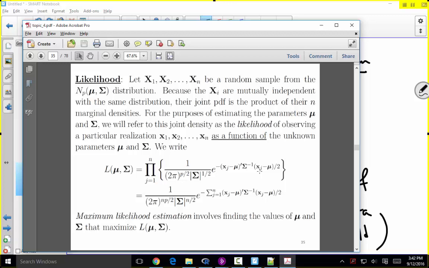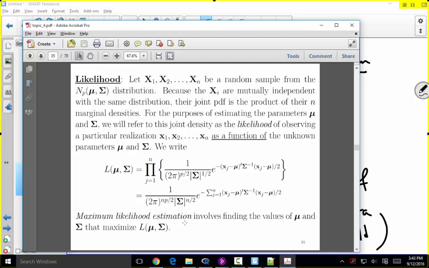Evaluate that for all your data points, product it up. And this is, roughly speaking, a joint probability of seeing what we saw when mu and sigma is true. A general way of going about statistical inference is to set this up and then find mu and sigma that maximize it. That is called maximum likelihood estimation.